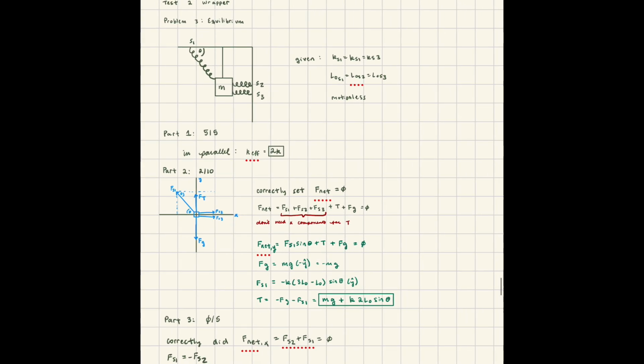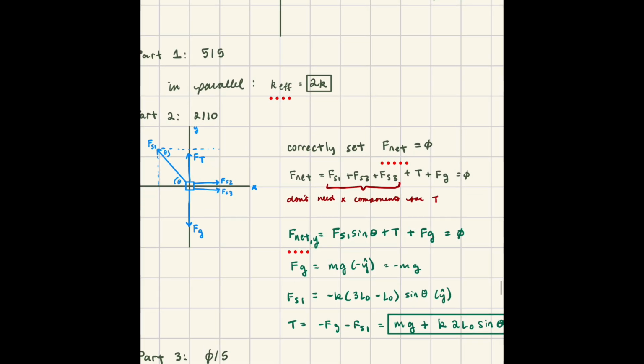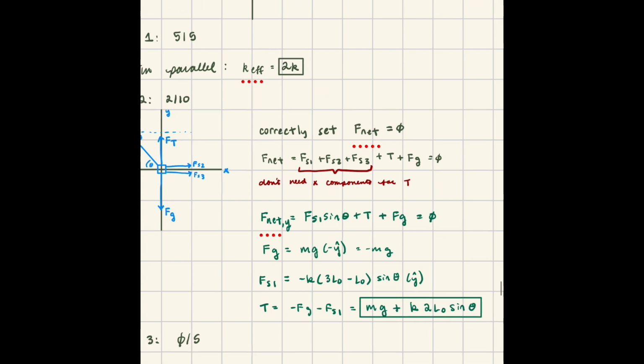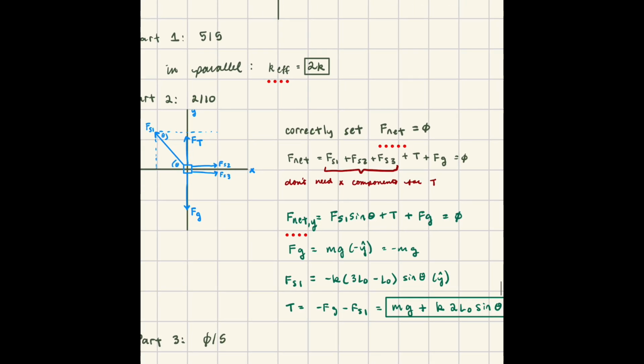Okay, so I did correctly set it to the sum of forces equals 0, but since we're trying to find tension, and tension only goes in the y direction, I didn't need the x components. So I shouldn't have included these at all because they have no vertical component, but I did need to include tension, the y component of this, and then gravity.